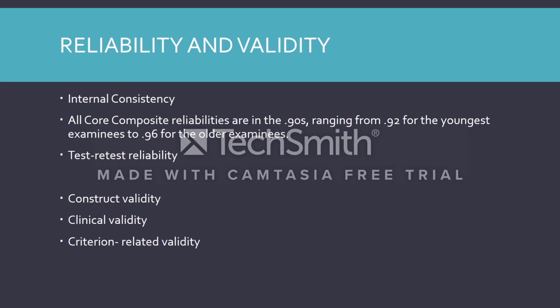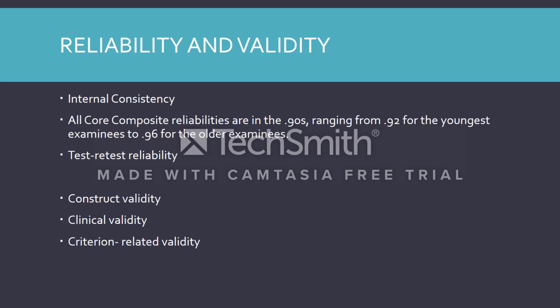The test manual has reliability for internal consistency and test-retest reliability, in which they found that all core composite reliabilities are in the 0.90s, ranging from 0.92 for the youngest examinees to 0.96 for the older, and that is good.